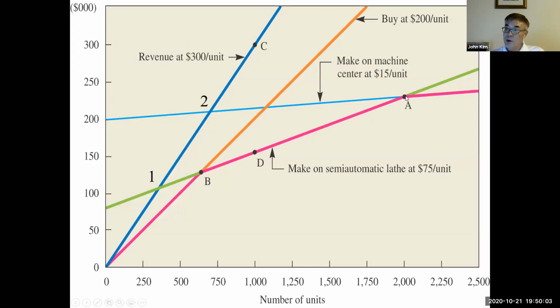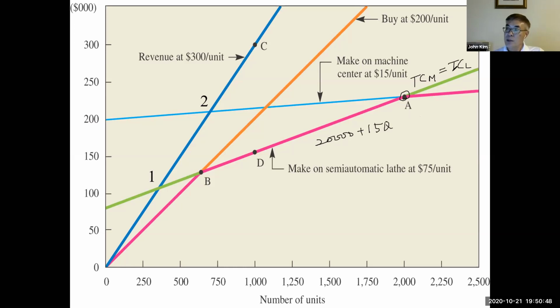So by number, on point A, total cost of the third option, motion center, equals total cost of the second option, lathe. So total cost of the third option is 200,000 plus 15Q.